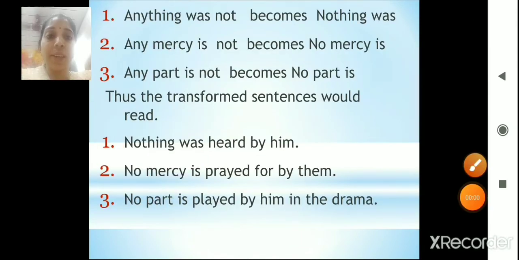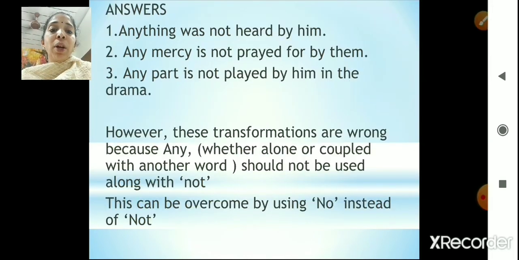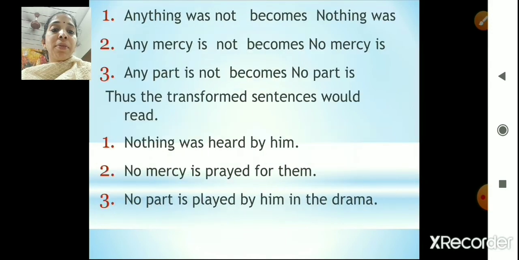The answer is no mercy is prayed for by them. Okay. Now the third one. He does not play any part in the drama. So what will be the transformed sentence? No part is played by him in the drama.